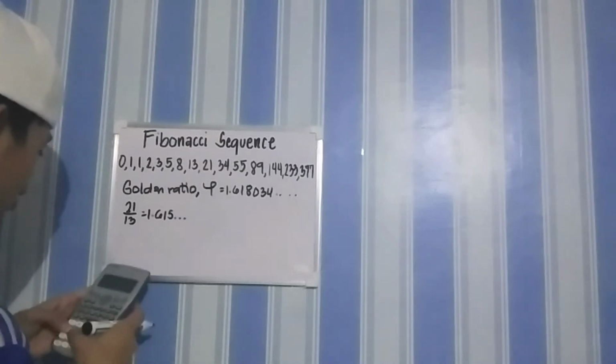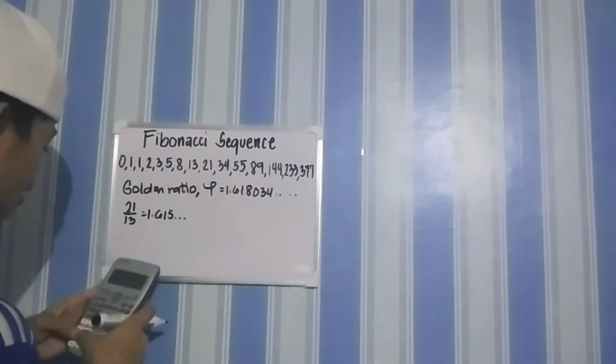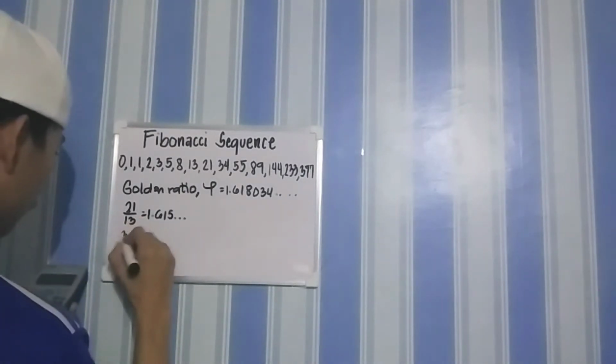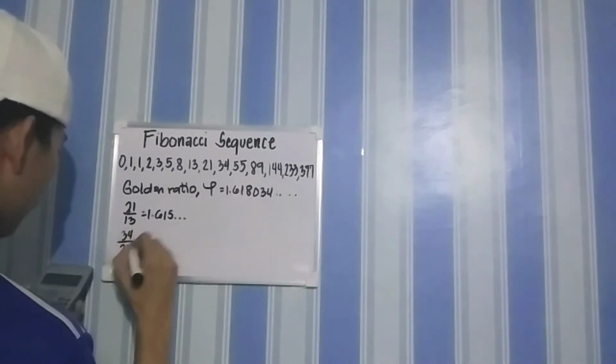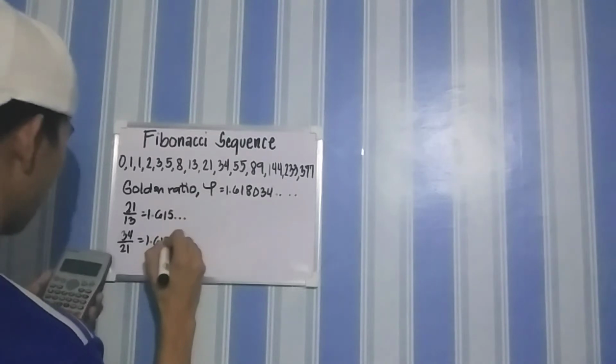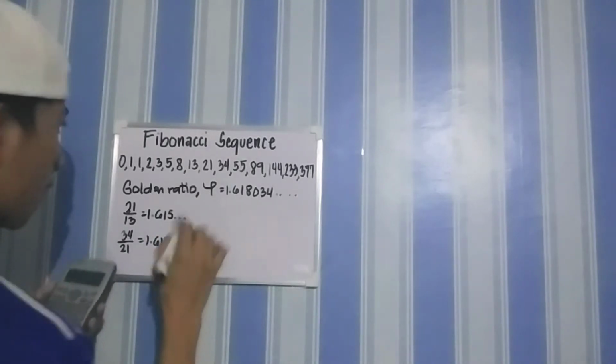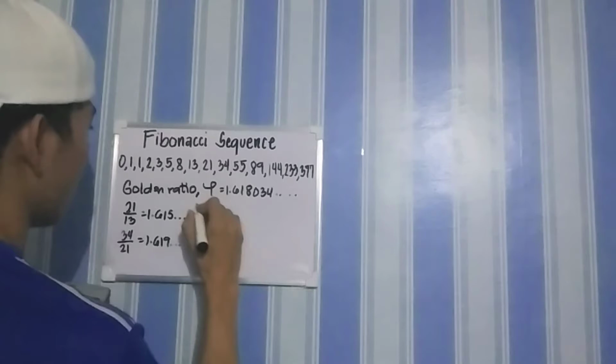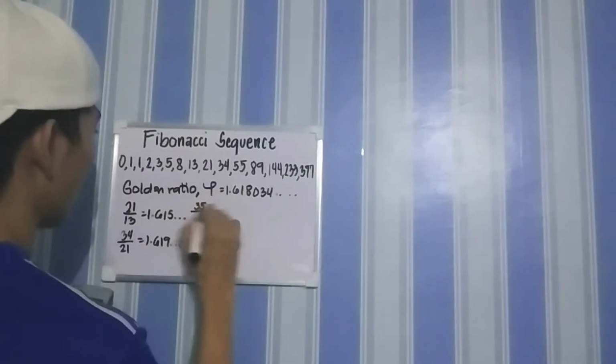Next, 34 over 21. 34 over 21 is equal to 1.619. So next, 55 over 34.